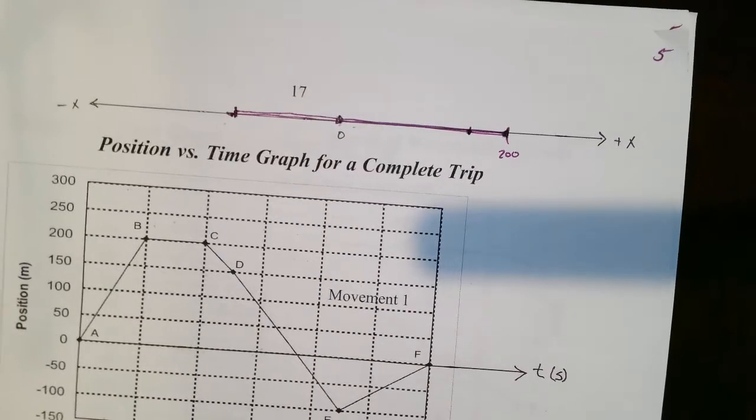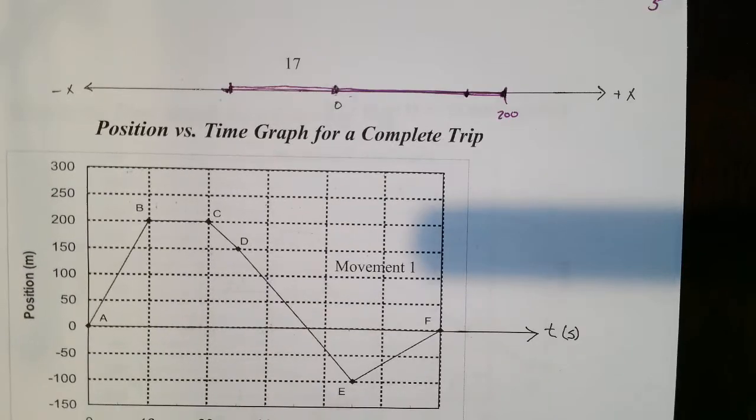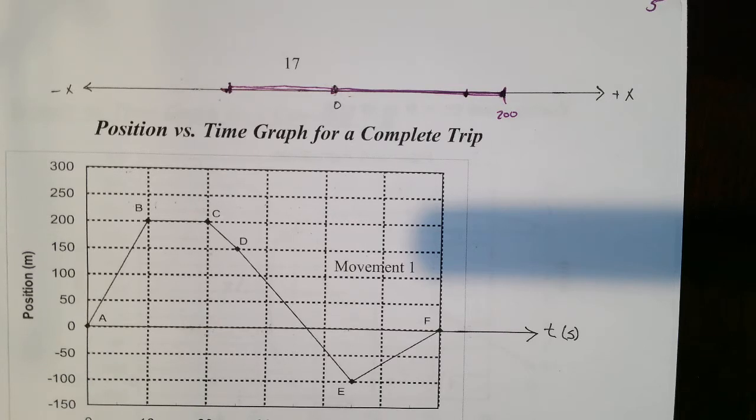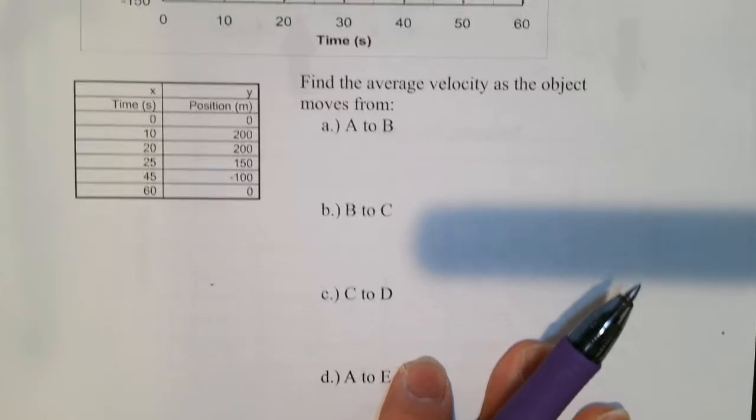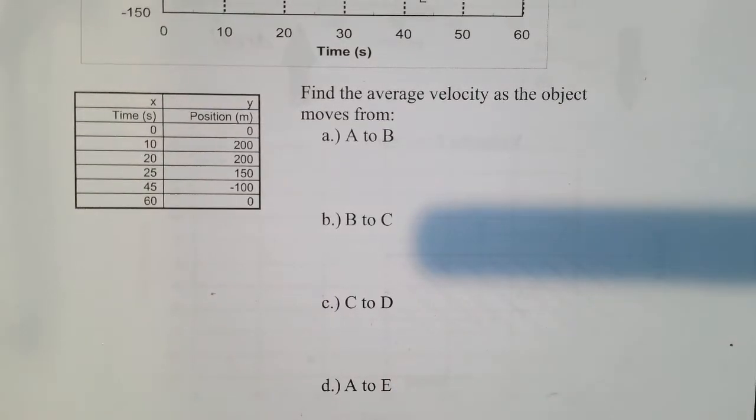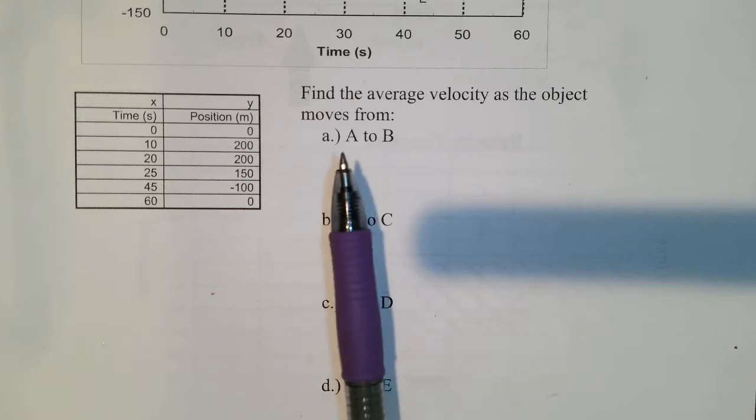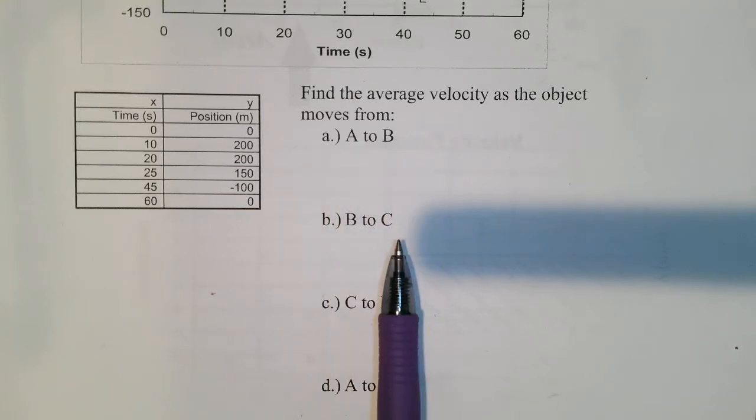That's what happened. So it never went up and down a hill or below the ground and came out of the ground. Okay? So once we understand that, now I would like you to see if you can find the average velocity as time moves from A to B, B to C, and so on, C to D. I'm going to give you guys 4 minutes, 5 minutes to work on this, and we'll go over it together.